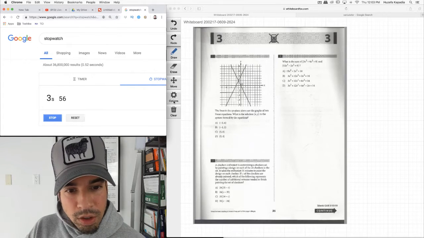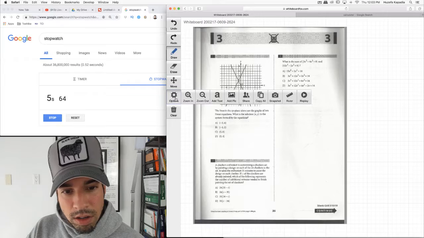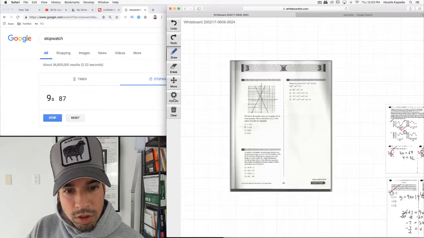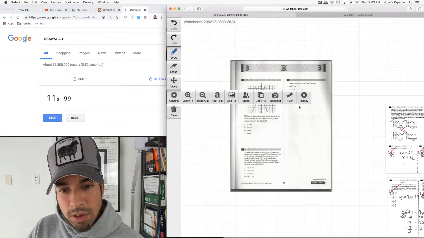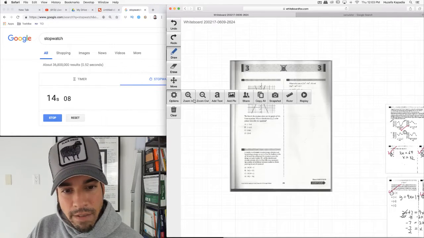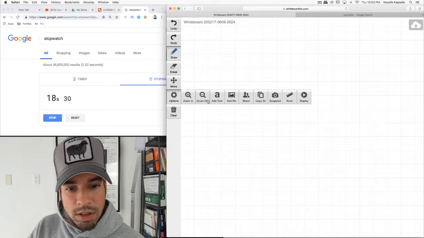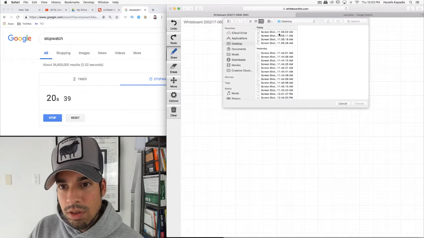The lines in the XY plane are... Hold on, let me zoom. Oops, shoot. I should have cleared the last thing. Darn it. Hold on, let's clear all this.